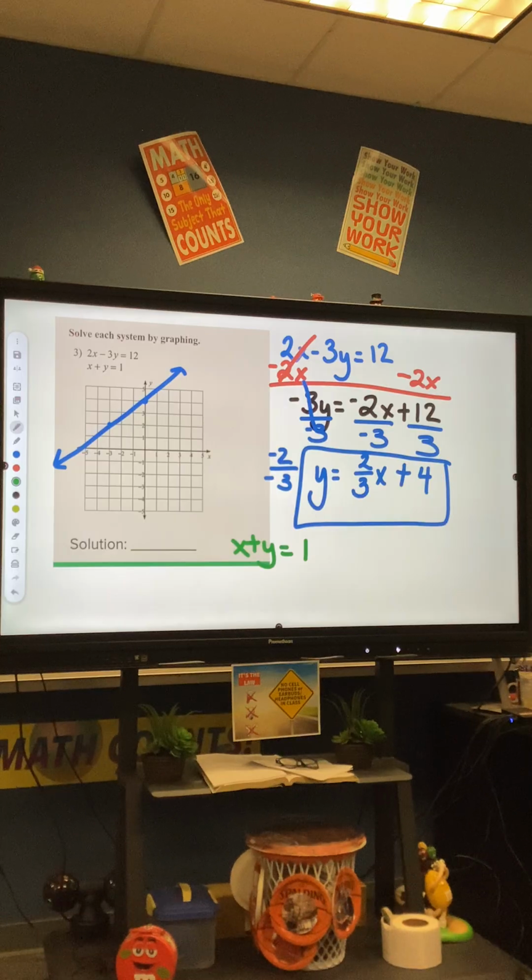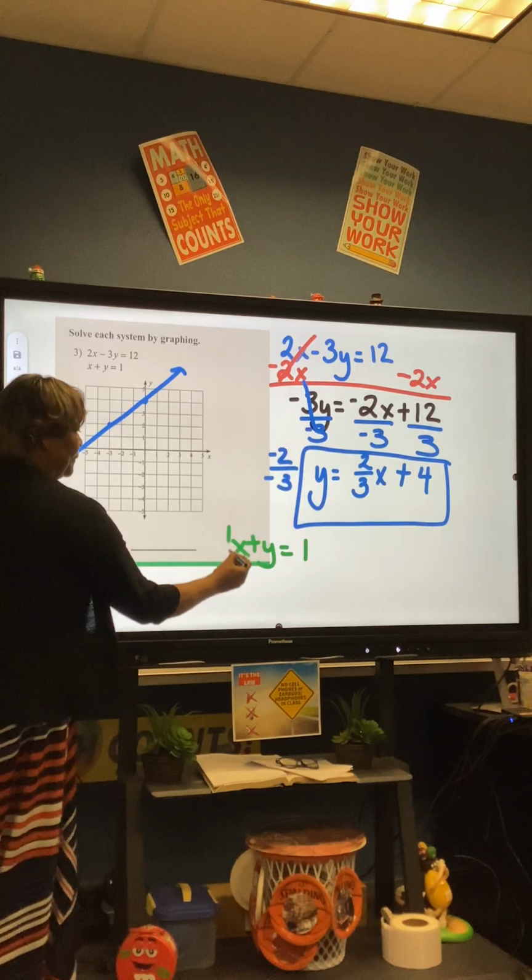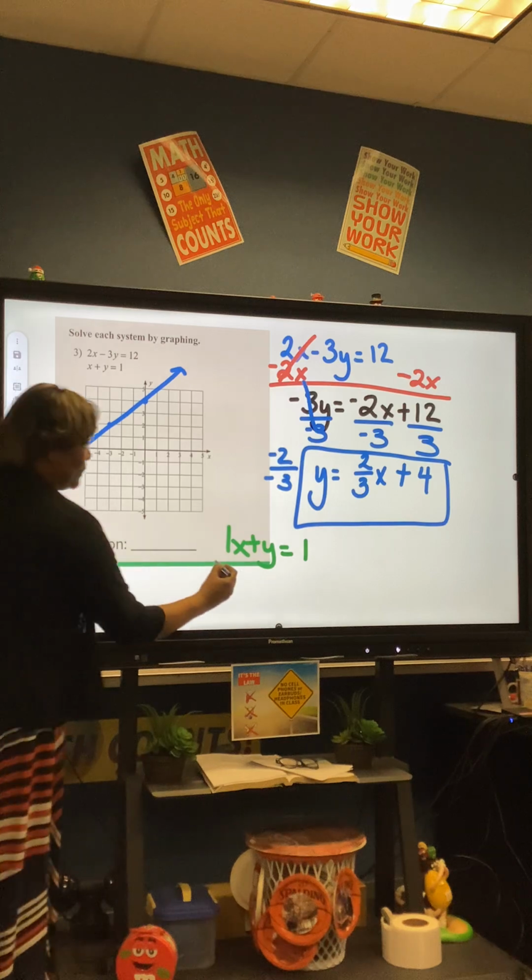What you get when you move the x? When you move the x, is the x positive or is it negative? Hello, that's a question. So you wanna do this first? So when I move it, it becomes what? A negative, right? So x is positive. When I move it to the other side, it becomes a negative 1x.